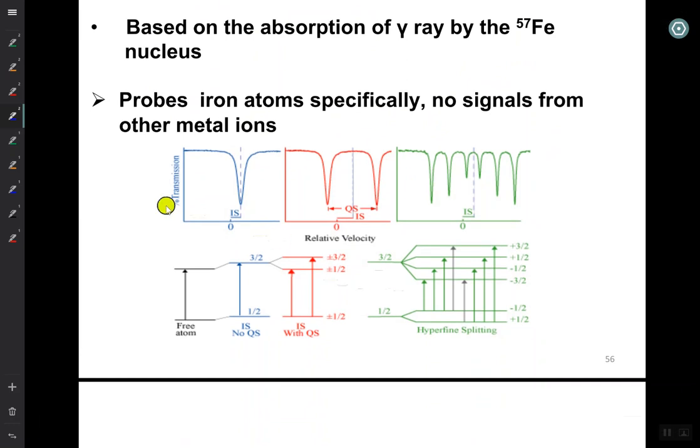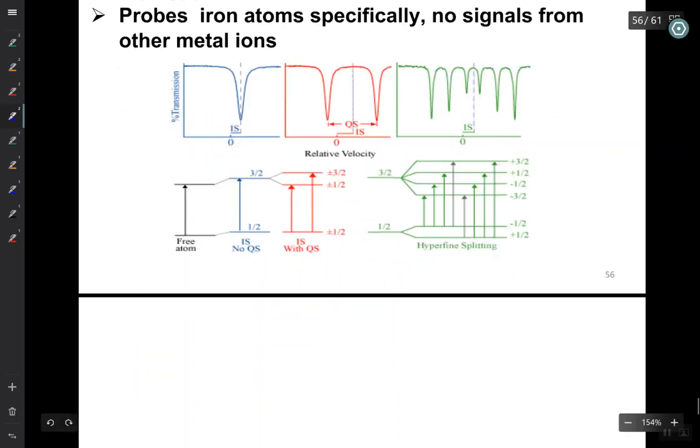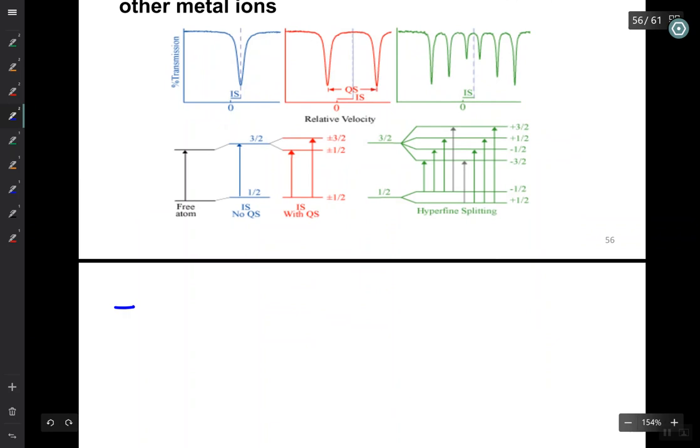Here's what you'll typically see in a Mossbauer experiment. In the absence of quadrupole splitting, you'll just see one peak, and we call this the isomer shift. If you have quadrupole splitting, sometimes you can see two peaks, or in the presence of a magnet, you can see more than that. So interpreting these spectra can be kind of complicated. But what's important is that it provides information on oxidation state.